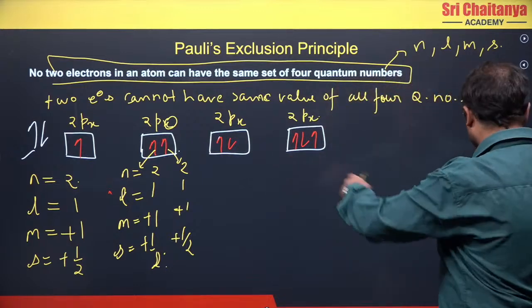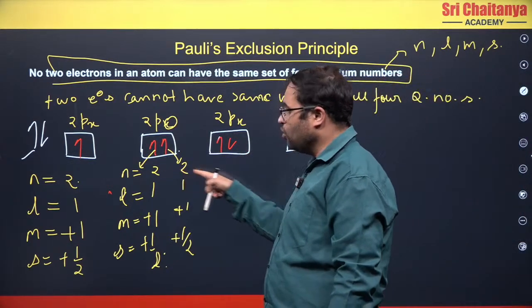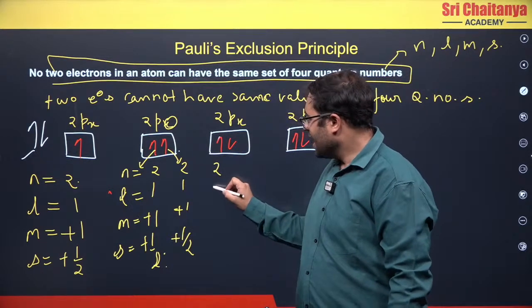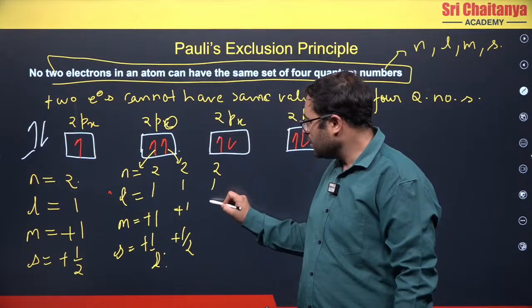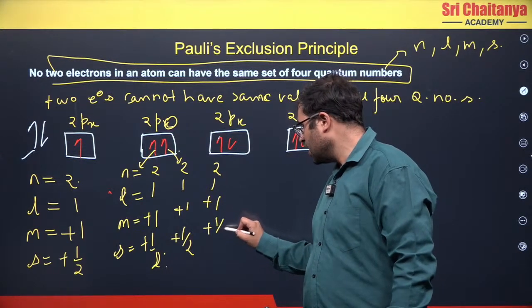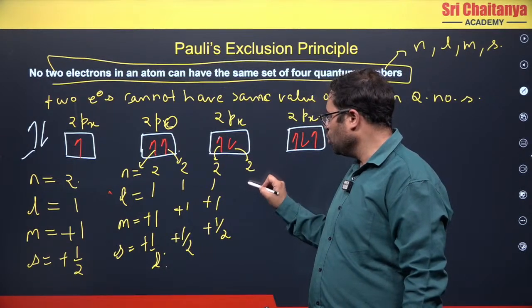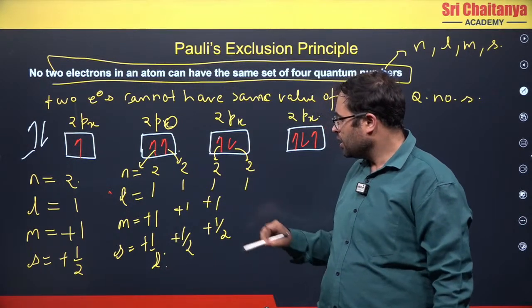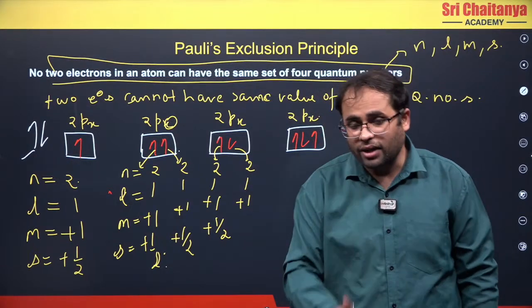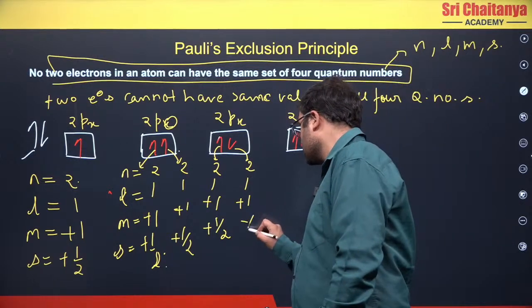Let us see this situation as well. Here n will be 2, l will be 1, m will be plus 1 and s will be plus half for this one. For this one again n will be 2, l will be 1, m will be plus 1, but because it is pointing downwards, the s value will be minus half.